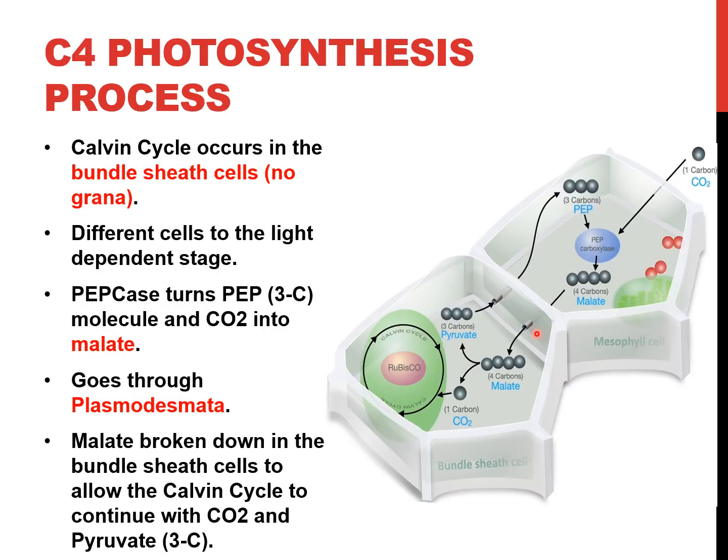So the Calvin cycle occurs in the bundle sheath cells, whereas if we think of the light dependent stage of photosynthesis, that occurs in the mesophyll cells here.